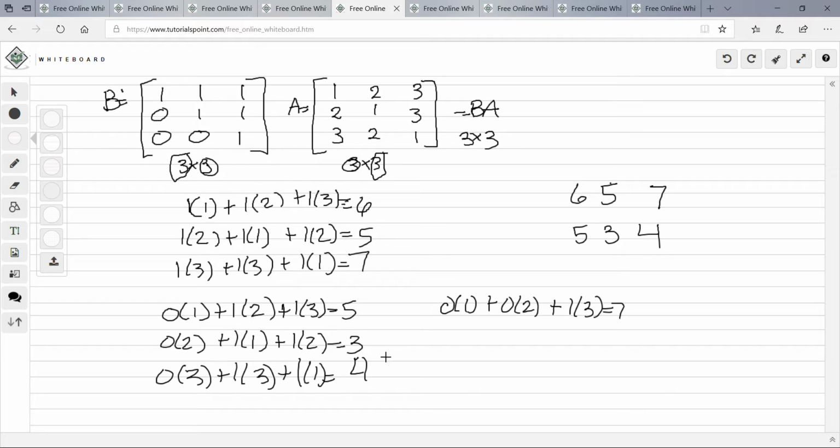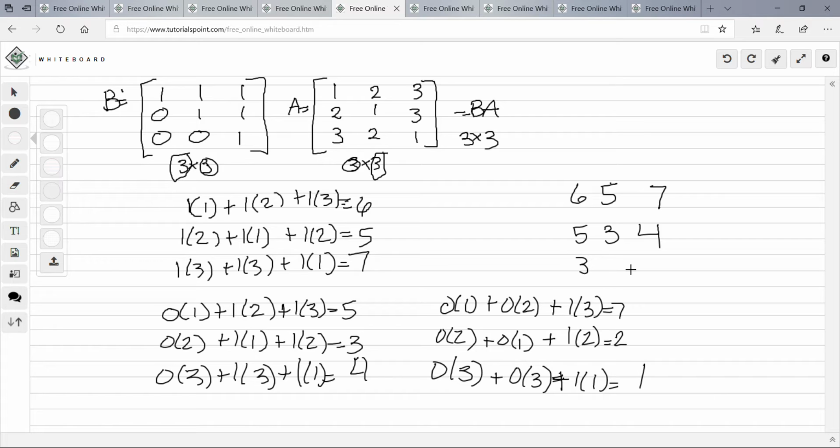That's going to be 3. 0 times 2 plus 0 times 1, and then plus 1 times 2 is going to be 2. This is going to be 0 times 3 plus 0 times 3, plus 1 times 1 equals 1.